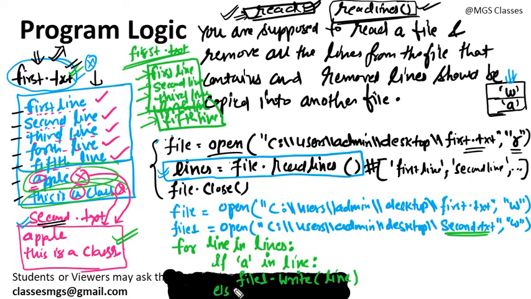If the A character is not found, then I will write the line into first.txt. Okay, this way I am doing. At the end of this for loop, I will close the files with file.close and file1.close. So this is the logic.